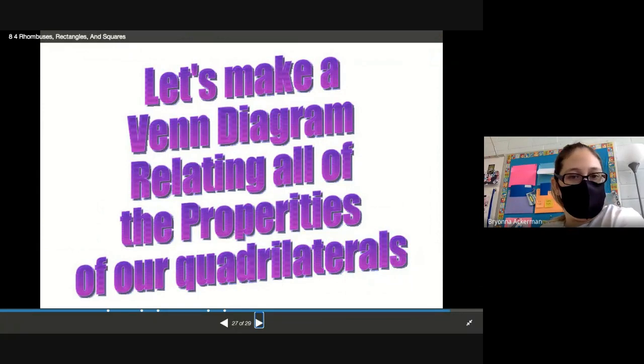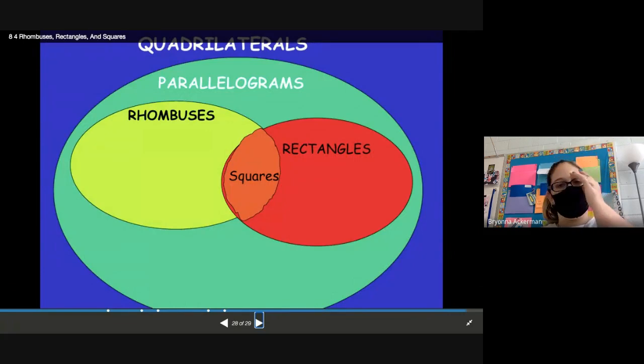Okay, so what's interesting is if we put this as a Venn diagram, it kind of shows a lot. So the circles or ovals that are inside each other mean it follows those properties, right? So we have quadrilaterals as our big picture. That's our blue rectangle, right? And then inside quadrilaterals are all these little families. And so you'll notice the parallelograms are more generic, right?